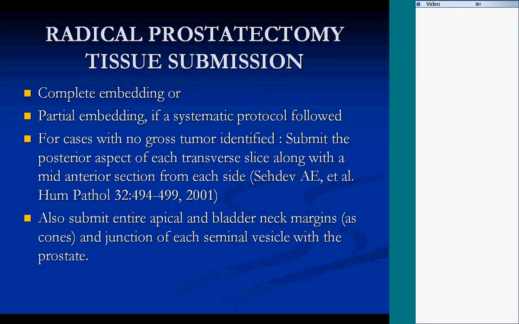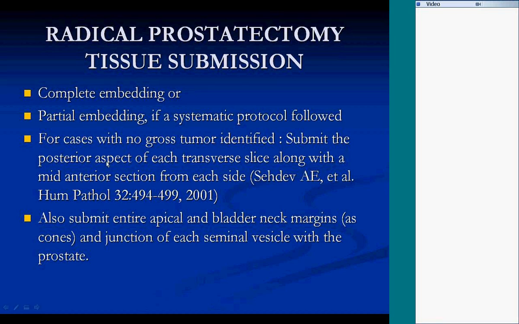Now, as to tissue sampling for radical prostatectomies, one can either completely embed, submit all the tissue into paraffin blocks, or you can partially embed. And if you partially embed, you probably ought to choose a protocol that's been well validated in the literature and probably cite that protocol too.